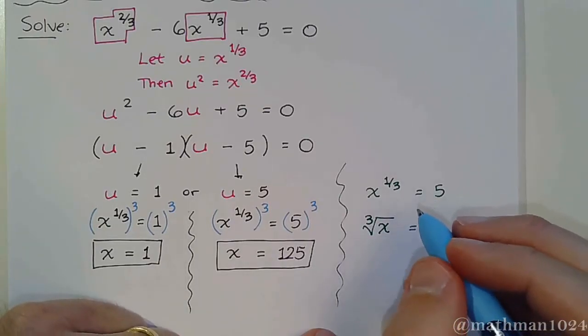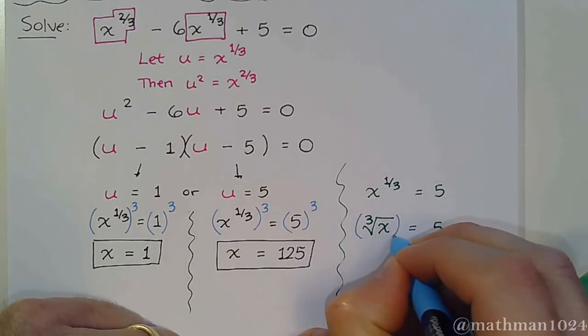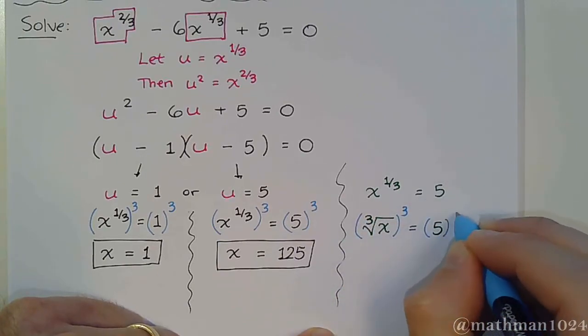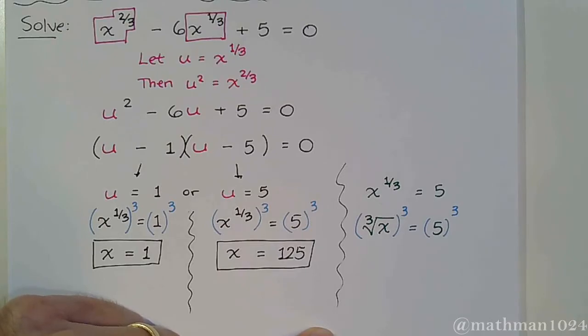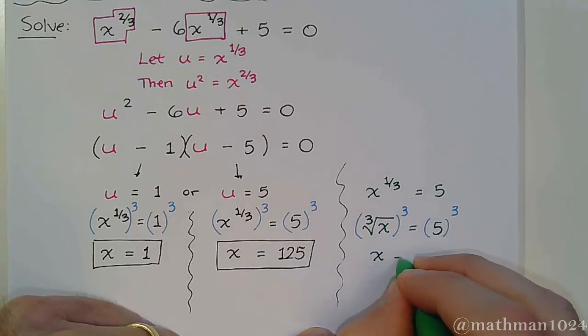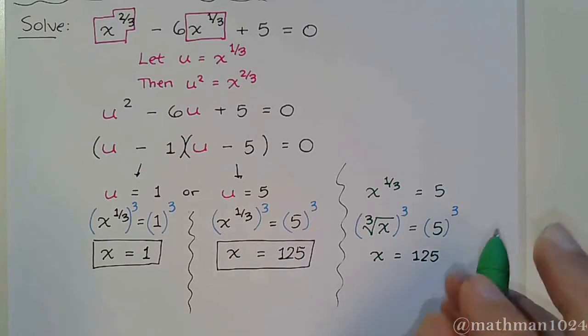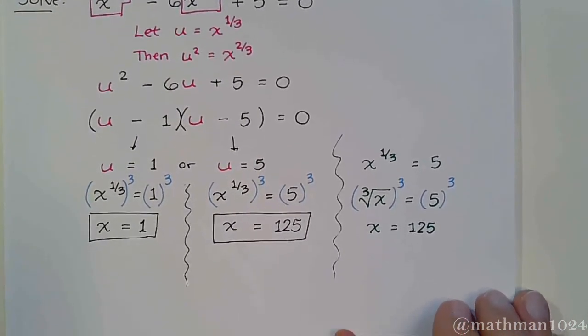And not only are they the same thing, the way you solve these will be the same. So you know to undo a cube root, you would cube both sides. And again, you would have x is equal to 125. Right? So either way you cut it, you get the same answer.